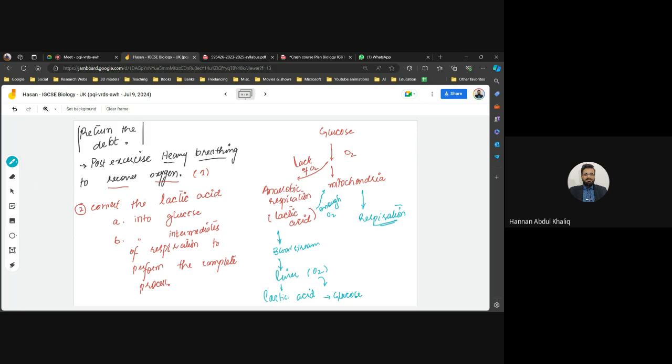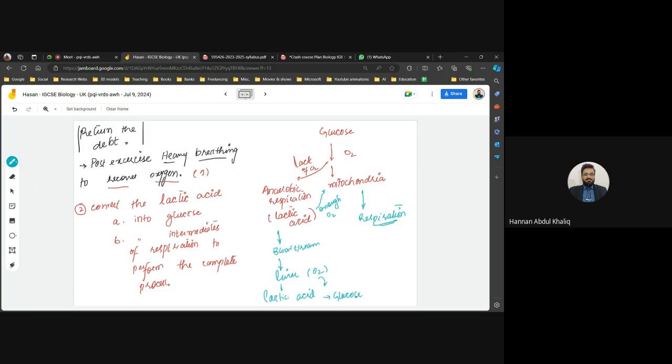So it means that when we are doing a heavy exercise, after that we do heavy breathing, and the purpose of heavy breathing is to convert the lactic acid into glucose in the liver, or to enter the lactic acid into the mitochondria, and then restart or complete the process of respiration. Both of these things are in our favor. None of them is bad. Both of these would happen in our favor.